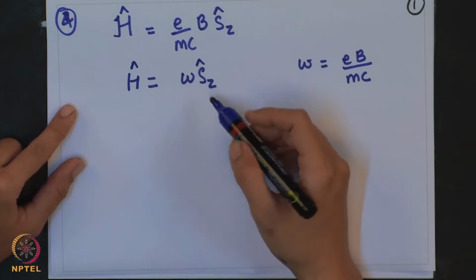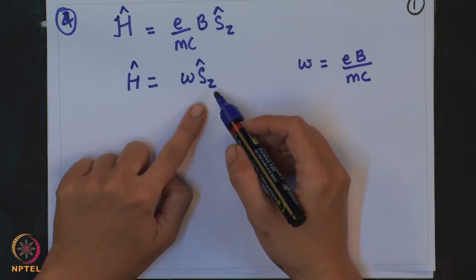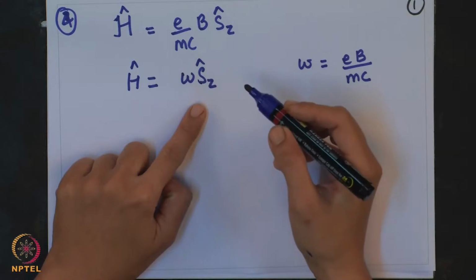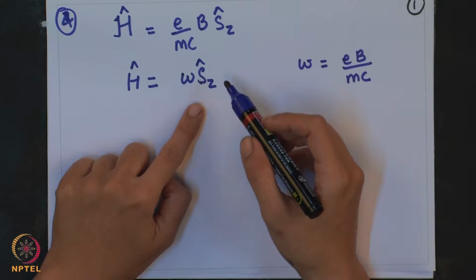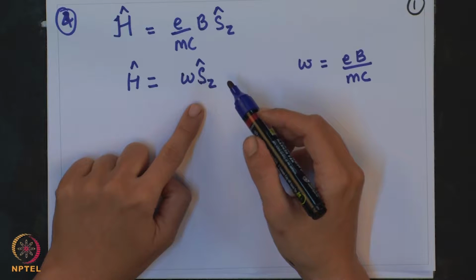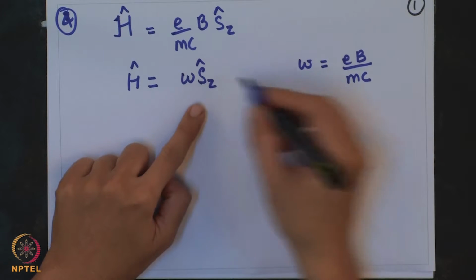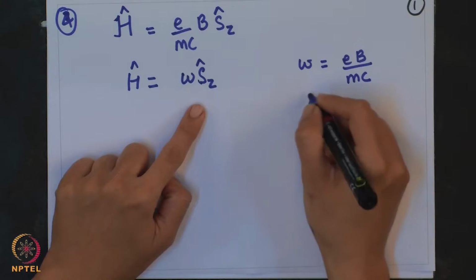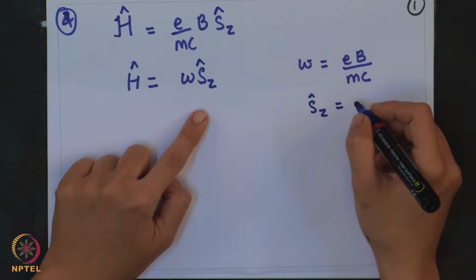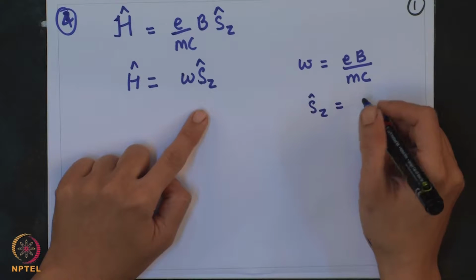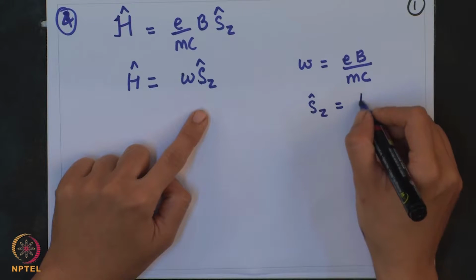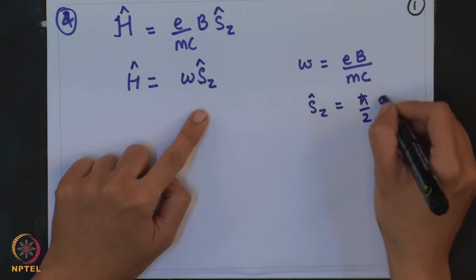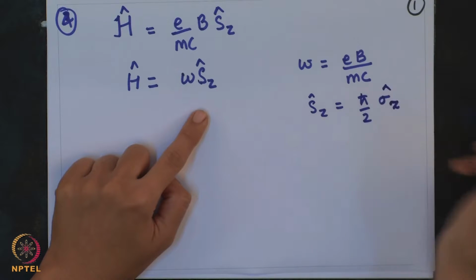This is the Hamiltonian operator in terms of omega, and Sz is the Pauli spin operator along the z component. You can write this Sz in terms of the Pauli spin operator in the z direction. So, Sz is h cross by 2 sigma, this we all know.